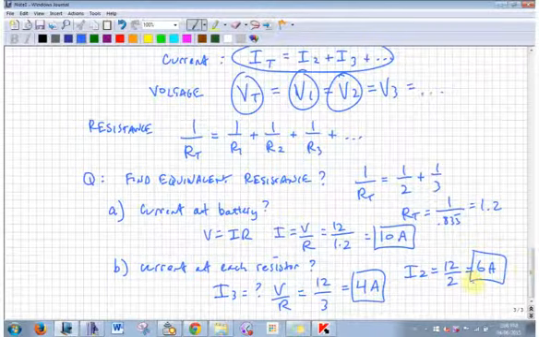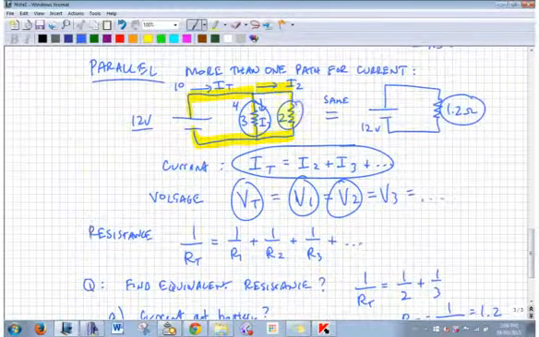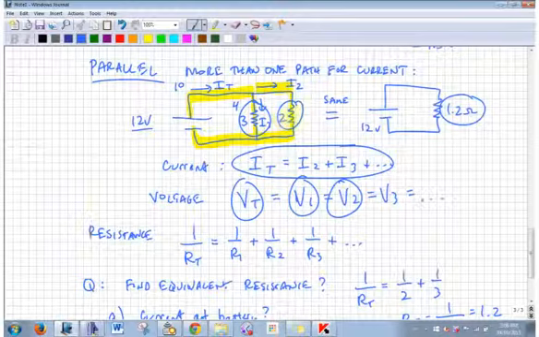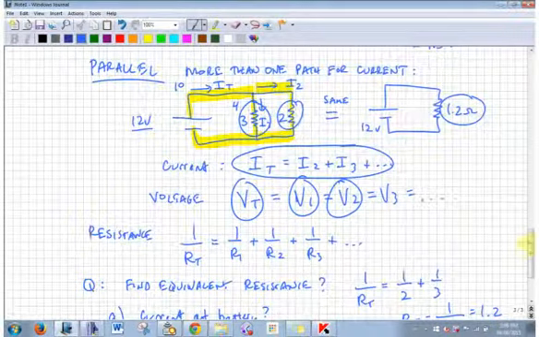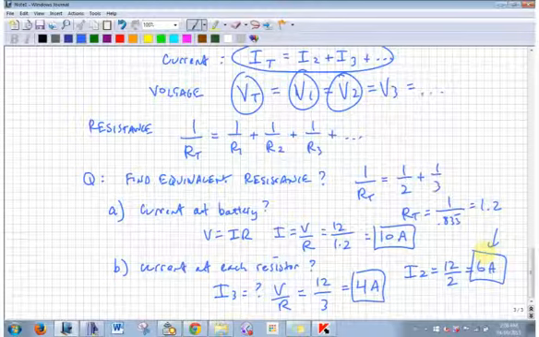Now, does that make sense? More current goes through that one than this one. Does it make sense? Yes, because it's a smaller resistance. Less resistance, more current. Okay, that's it for starters. Oh, we got lots of sheets.